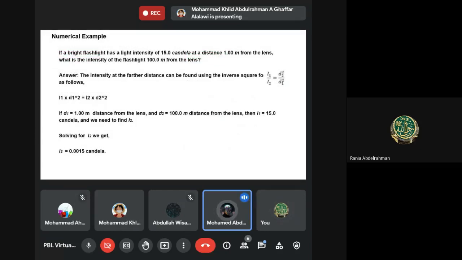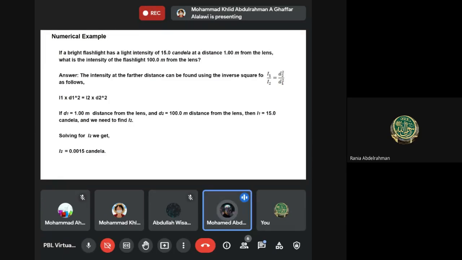An example: if a bright flashlight has a light intensity of 15 candelas at a distance of 1 meter from the lens, what is the intensity of the flashlight at 100 meters from the lens? First, we need to find the givens. The givens are 15 candelas, which is I1, D1, which is 1 meter, and D2, which is 100 meters.